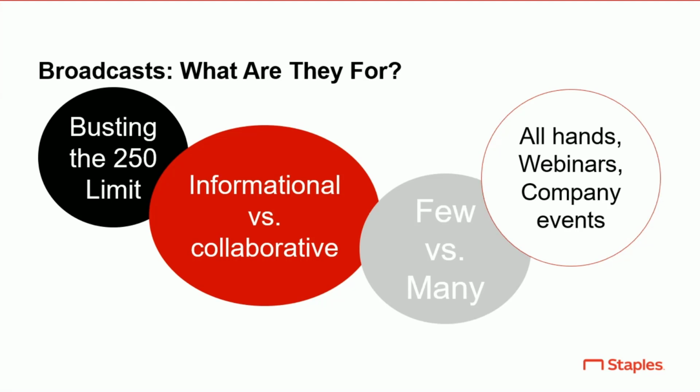So let's start with broadcast. What are they for? Pretty much everyone here, I'm guessing, is on Skype for Business currently, or maybe Teams. So, hands of people in the room. Skype for Business. Yeah, you're both Skype for Business, I'm guessing. Slalom is both technically, so you guys are in island mode. Teams only. Skype or Teams? Skype for Business. Skype, and you're like, I'm just here for the free pizza.